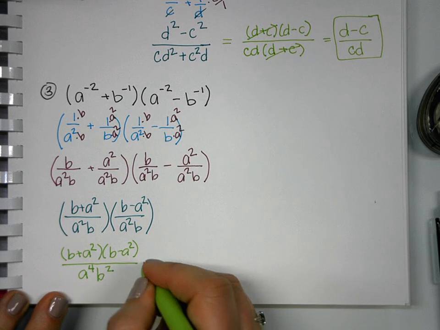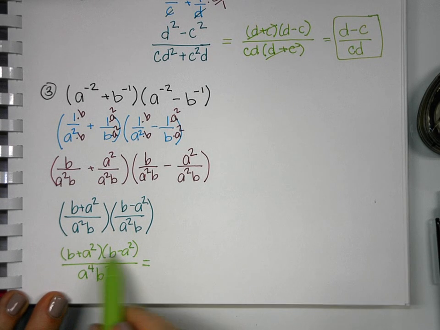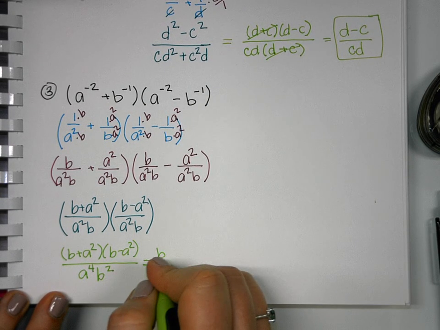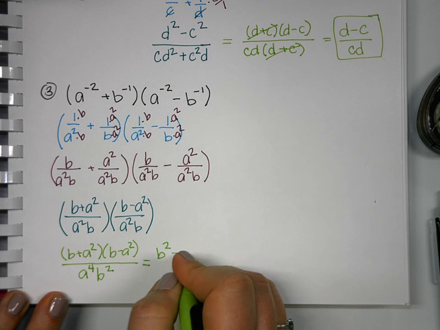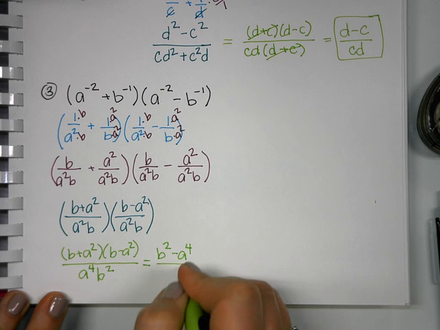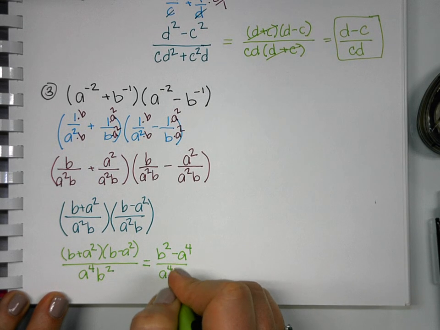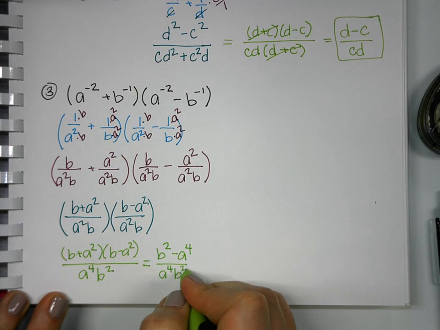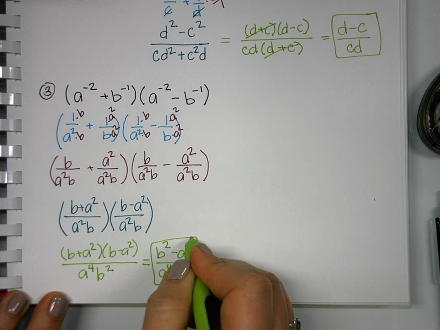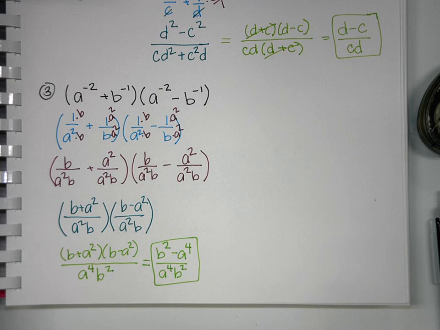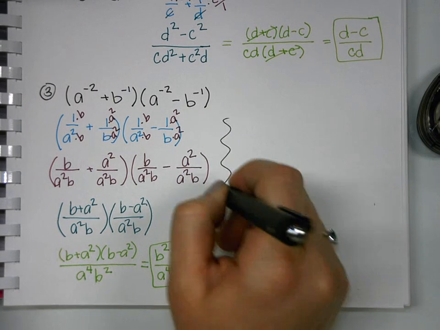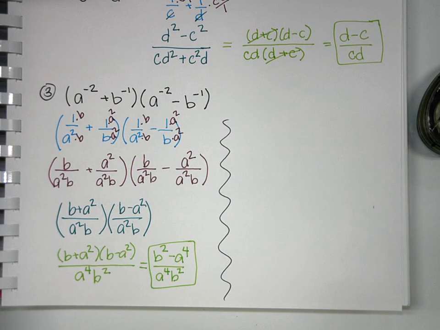And then the only thing you might want to do is FOIL those together. So you get b squared minus a to the fourth, just to make it look a little bit nicer and simpler. We can't cancel anything, so it's more just to make it look better. Okay, that's one way to do it, and that way works.